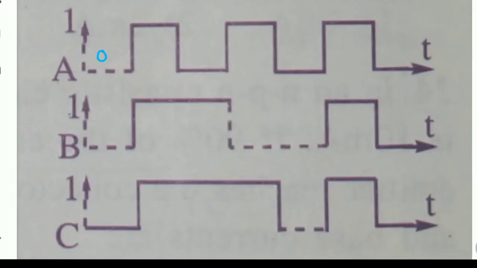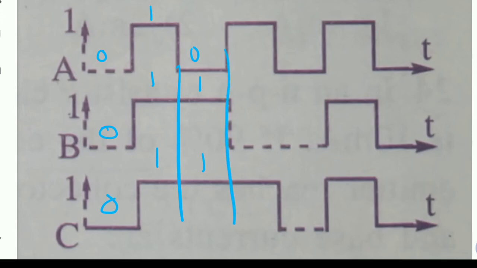So A: 0 0 0 1 1 1; B: 0 1 1 1 0 1; C: 0 0 1, so 1 1 1 0 0 0. So it is the OR gate.